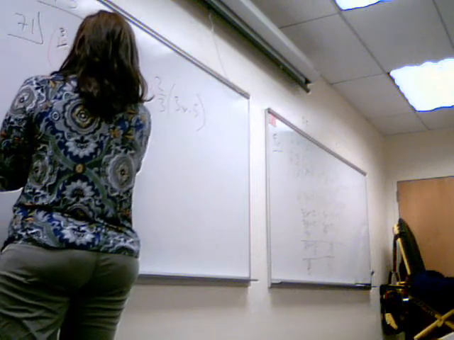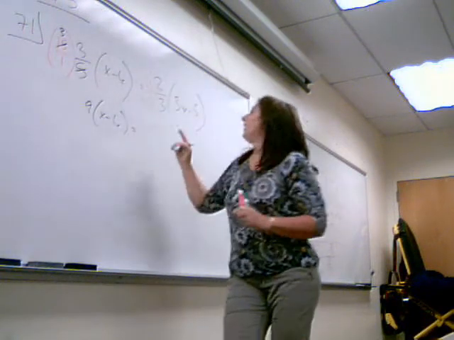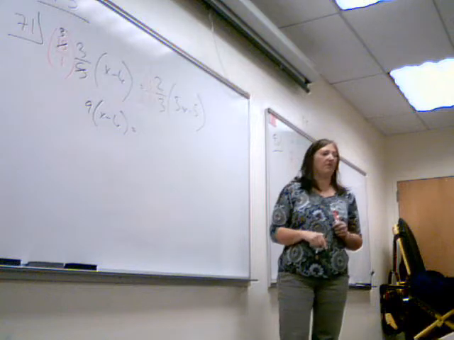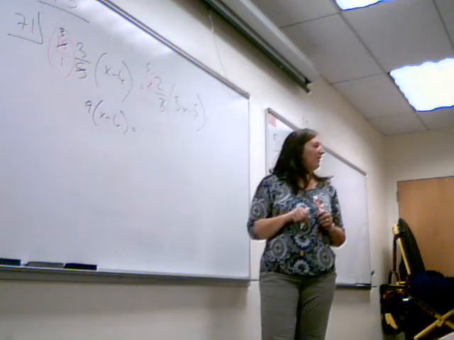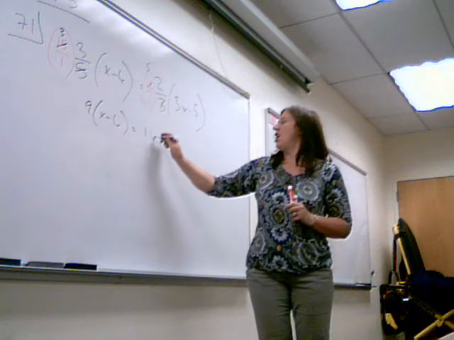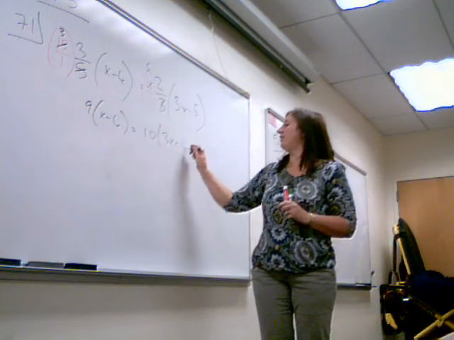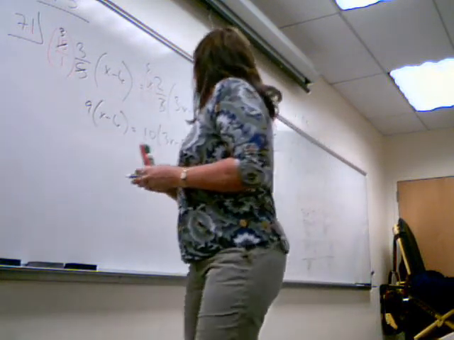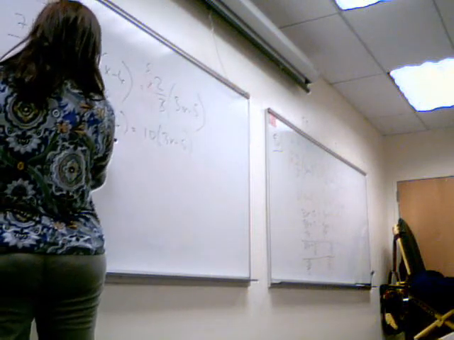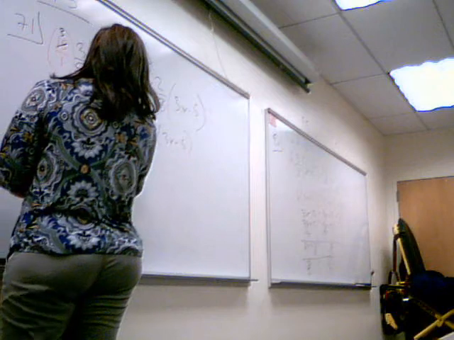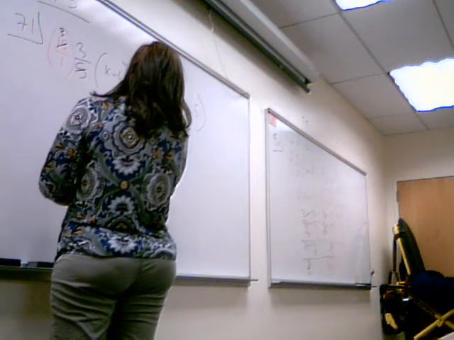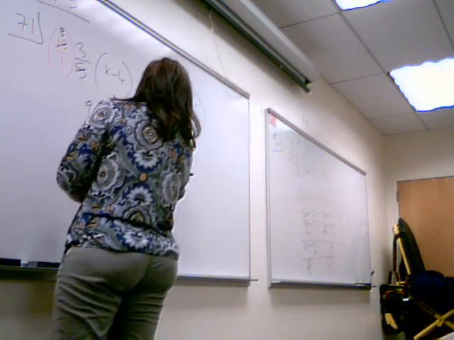Okay, and then I can distribute that 9 through. 3 goes into 15 5 times. 5 times 2 is 10, and then I've got 3x minus 5. Now let's distribute everything through. I've got 9x minus 54, and then I've got 30x minus 50.